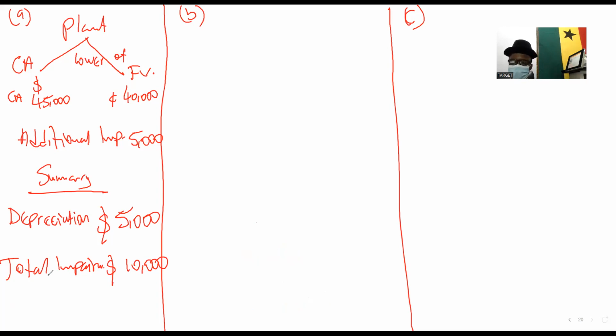Finally, what will be the asset value? All this goes to P&L. In the statement of financial position, the plant carrying amount will be stated at $40,000. I'm done with scenario A. Let me go to scenario B. By the time I finish the entire storyline, you will be very clear with all the statements we made.